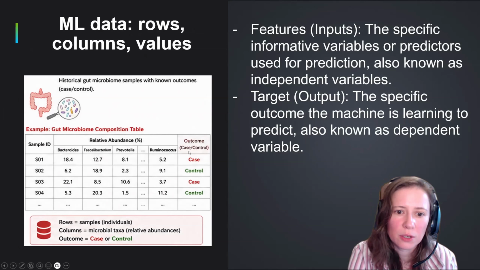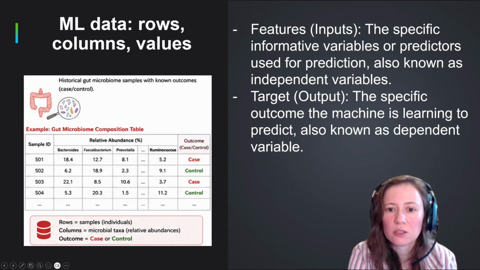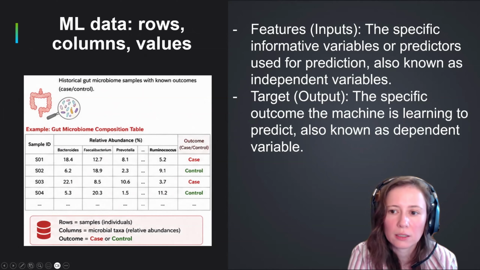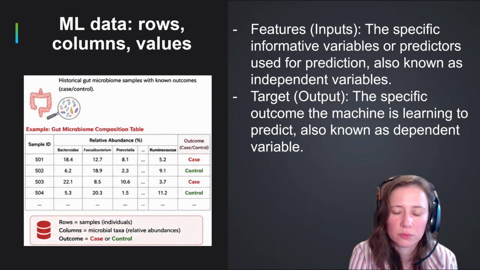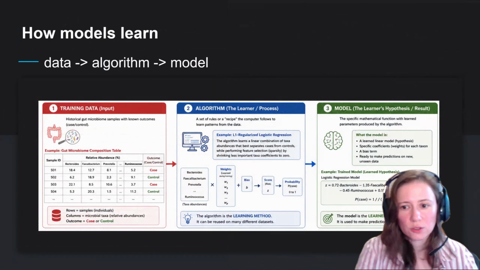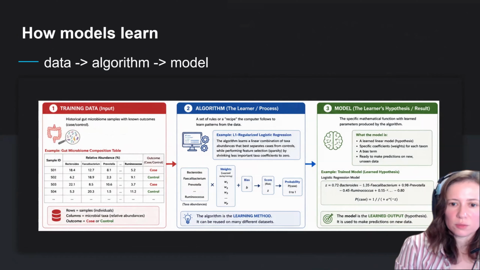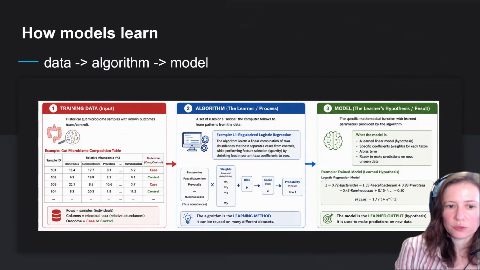And when we are talking about those outcomes, we usually call them the target or output, which is the specific outcome the machine learning model is trying to predict, also known as the dependent variable.